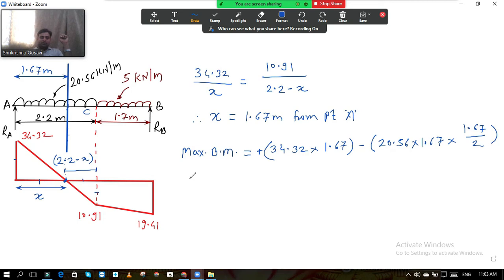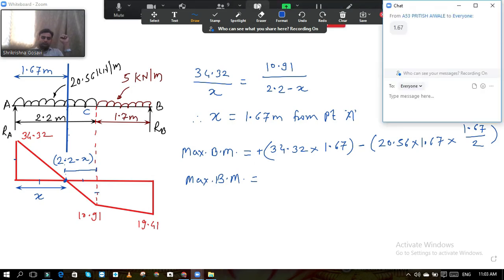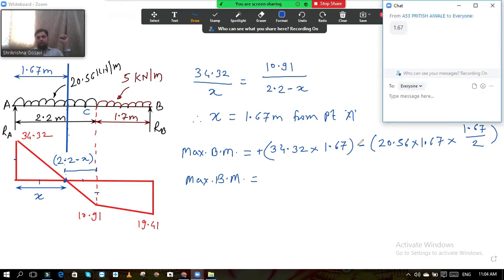Now solve this, you will get the maximum bending moment, and let me know the answer. After solving this equation, you will get the maximum bending moment, and that bending moment we are going to use to calculate the main steel.